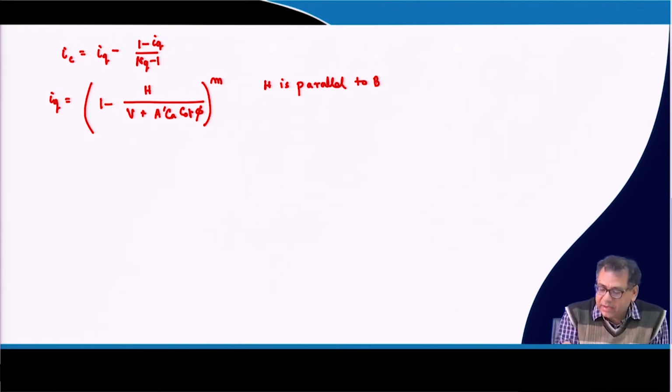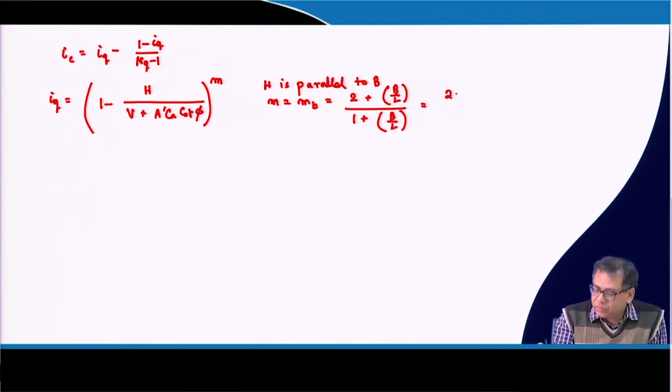So, as it is parallel to B, your M will be equal to MB, and that is equal to (2 plus B by L) divided by (1 plus B by L). So, this is 2 plus 2 by 3, and this is 1 plus 2 by 3. So, this is 1.6.